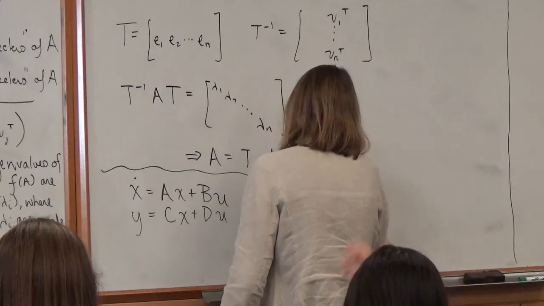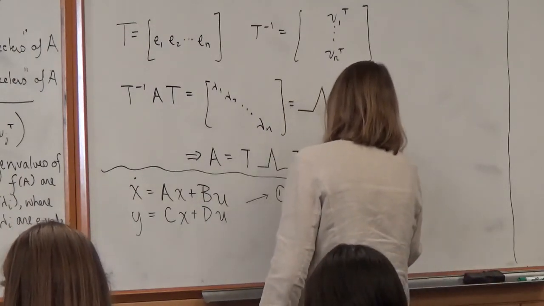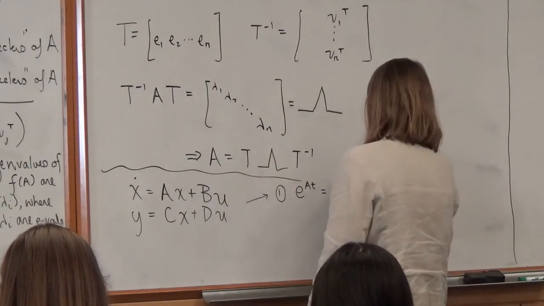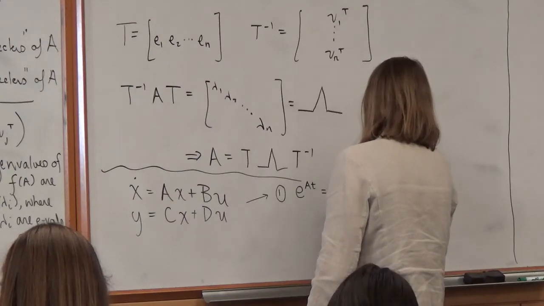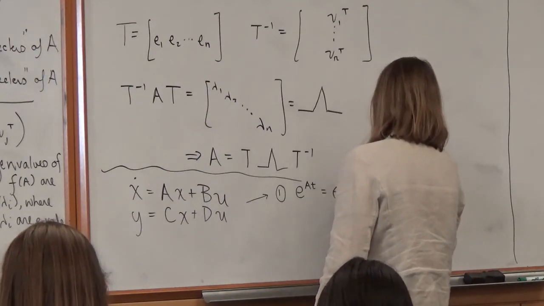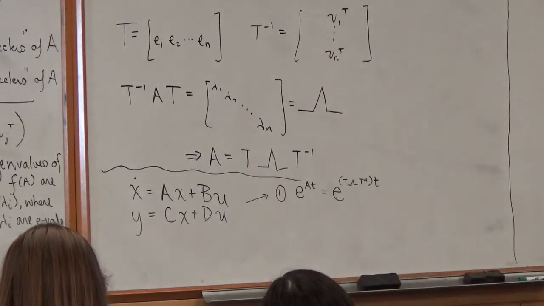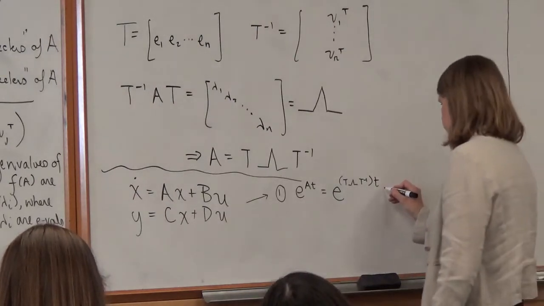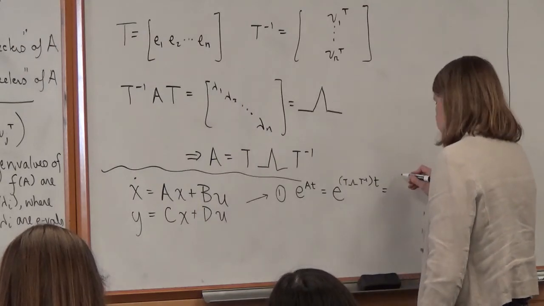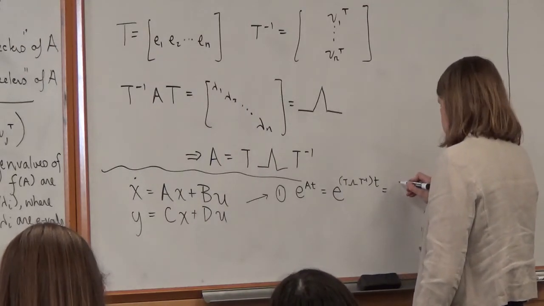e to the At is equal to e to the T lambda T inverse t. And let's actually write out what that is. I'm going to do it in terms of its infinite series expansion.